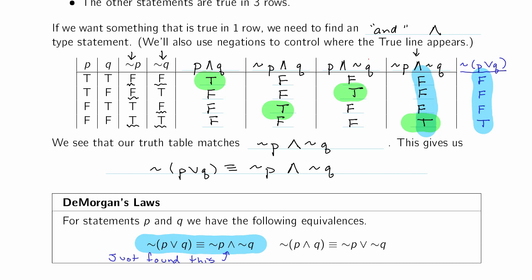And it turns out that it works the other way. If we negate an and statement, we get the or of the negations. And we just found the first version. The second version is one of the equivalences that you're going to demonstrate in the homework.